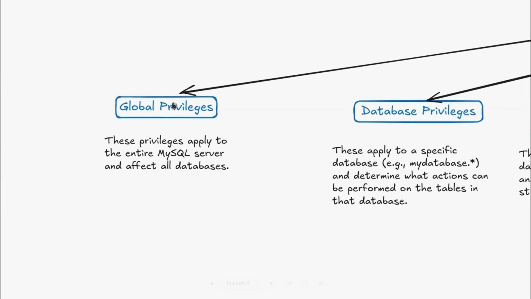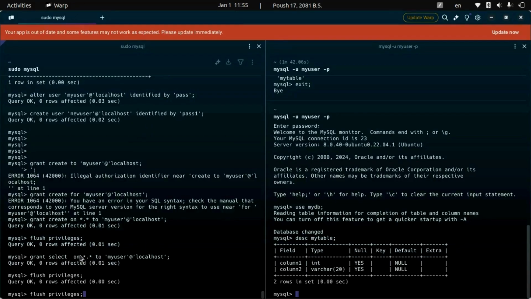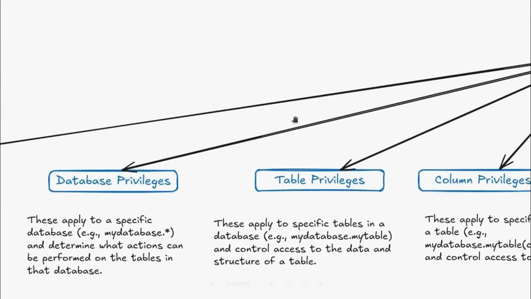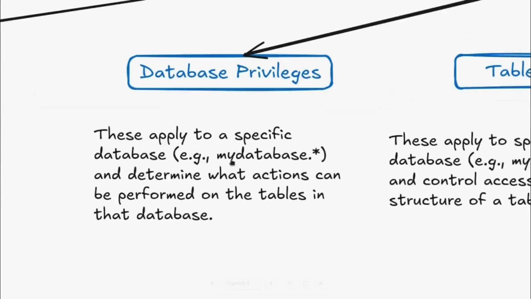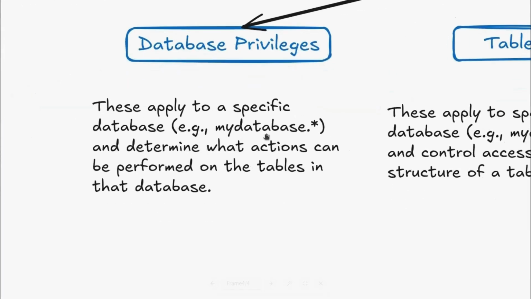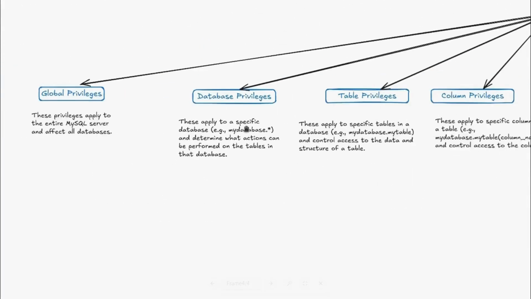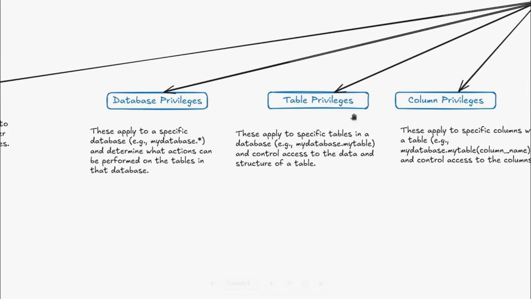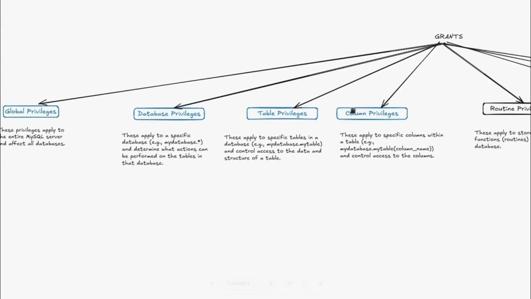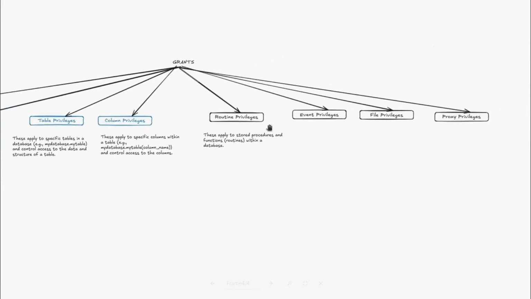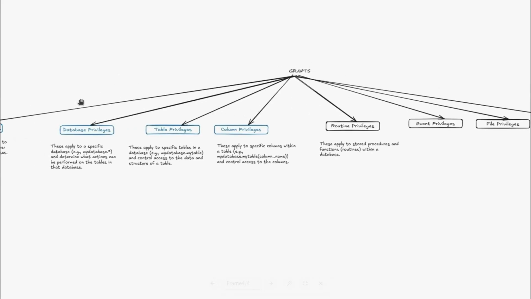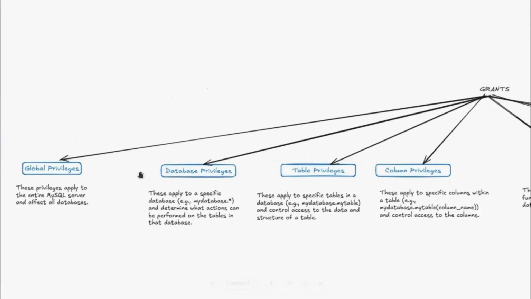Global privileges are given by the identifier *.*, and we can also be particular to a database, something like mydatabase.*. We can be specific down to table columns. These are the main ones that database administrators use, and the other types also exist but are not used primarily, so we'll limit ourselves to these.